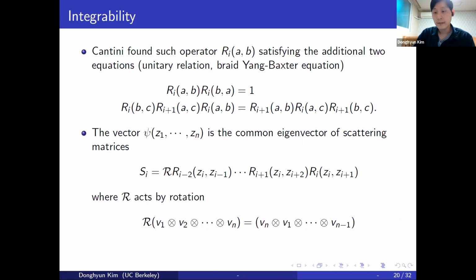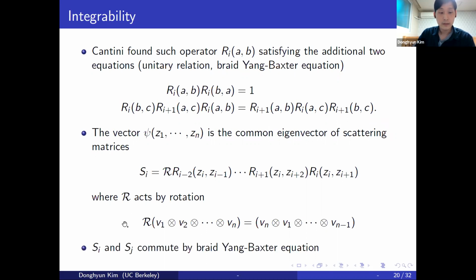And he showed the existence of the vector as the common eigenvector of the scattering matrices defined below. It can be shown that the scattering matrices S_i and S_j commute. This comes from the Yang-Baxter equation here.